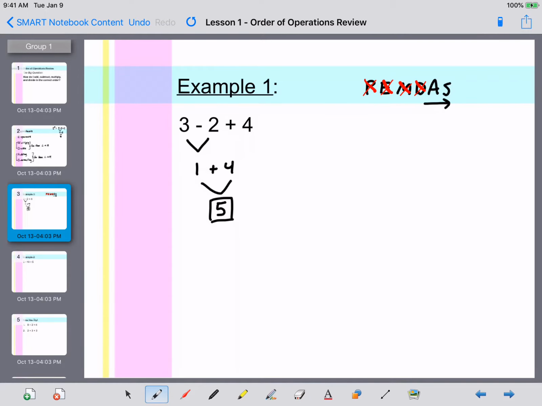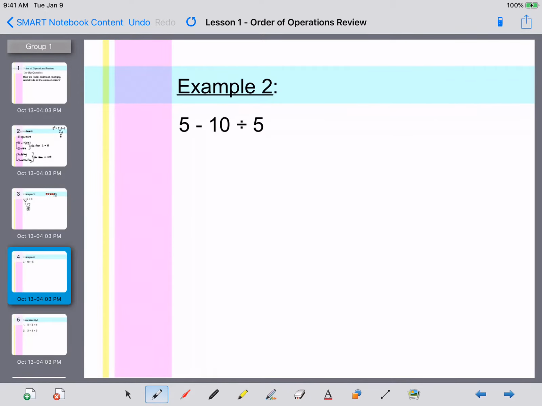Let's try another example. Okay, so again, if we write down PEMDAS, we don't have any parentheses here. We don't have any exponents, but we do have multiplication and division. We actually have division. So we need to do the 10 divided by 5 first because division comes before addition and subtraction.